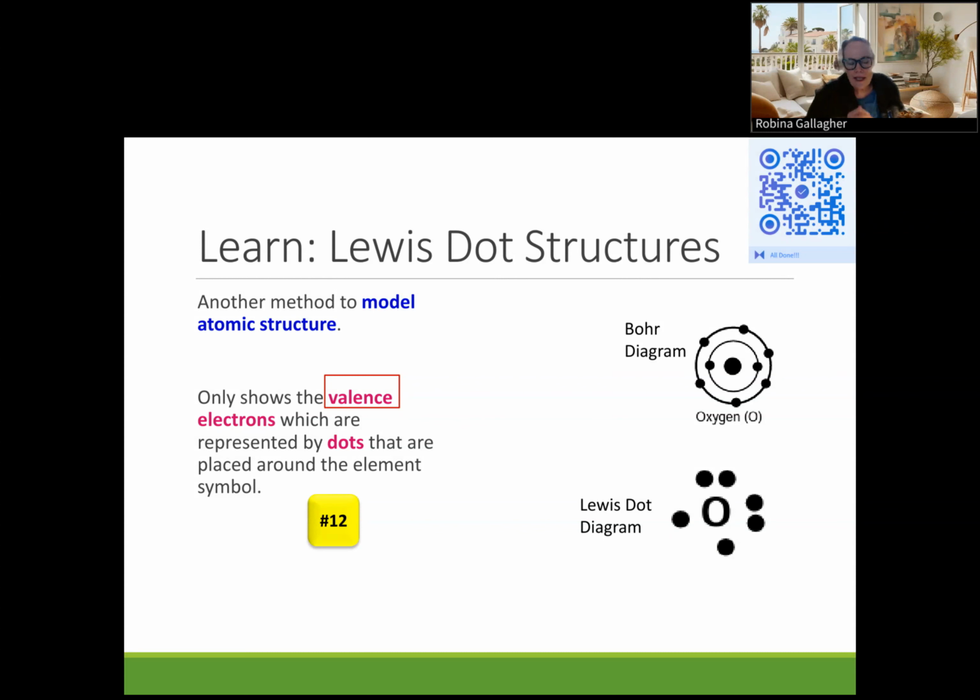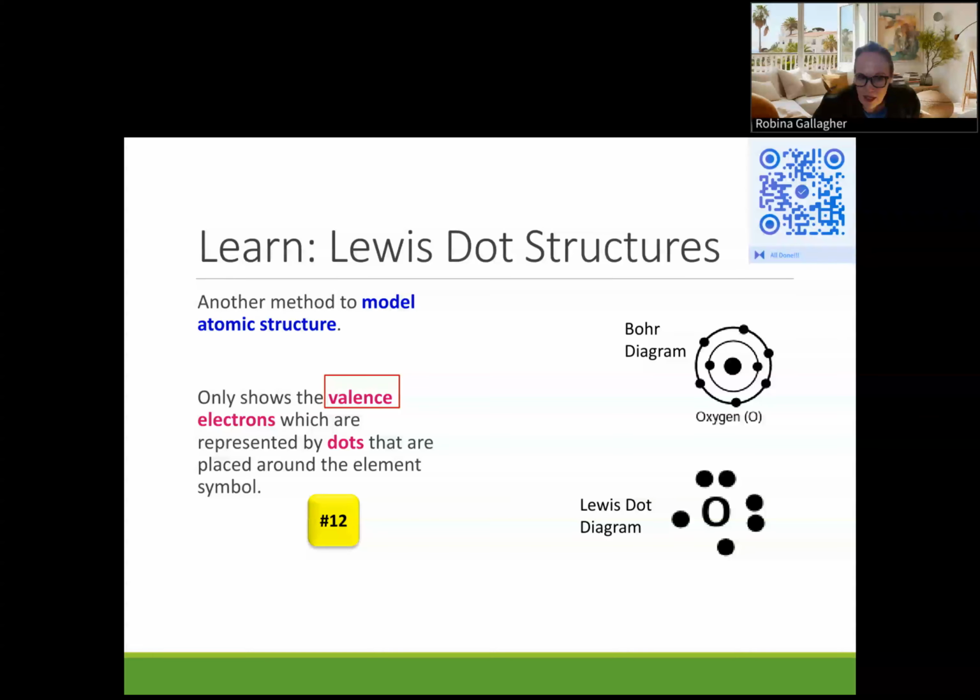A Lewis dot diagram only shows valence electrons, okay? So in this picture, this is the Bohr diagram of oxygen. You can see the nucleus in the middle, the lower energy shell that only holds 2 electrons, and then you can see that oxygen has 1, 2, 3, 4, 5, 6 valence electrons, right?